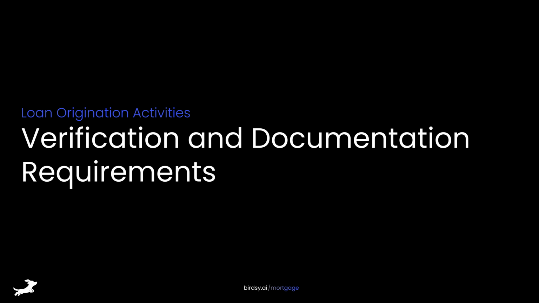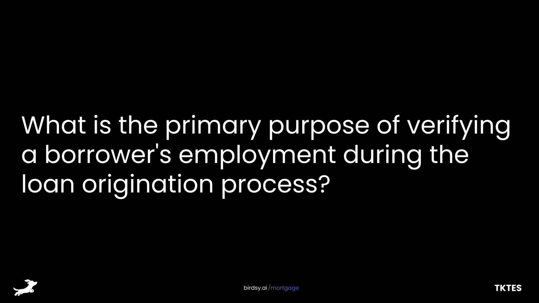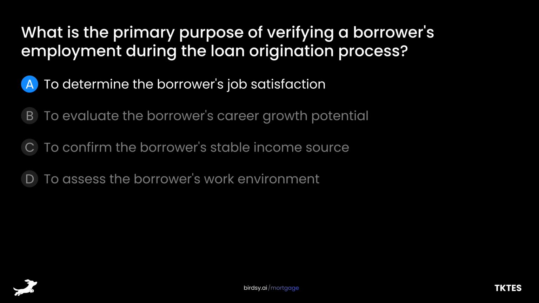Verification and documentation requirements. What is the primary purpose of verifying a borrower's employment during the loan origination process? Is it A. To determine the borrower's job satisfaction, B. To evaluate the borrower's career growth potential, C. To confirm the borrower's stable income source, or D. To assess the borrower's work environment?